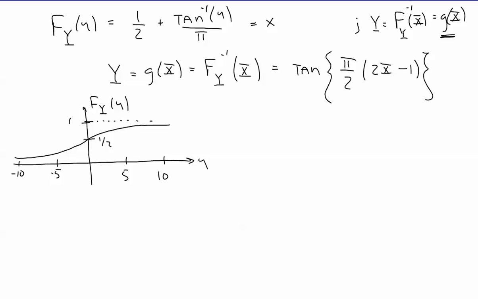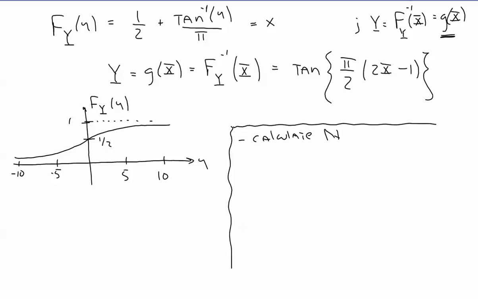All right? So, what are we going to do now? What I'm going to do next is calculate n points in X, uniform on 0 to 1.